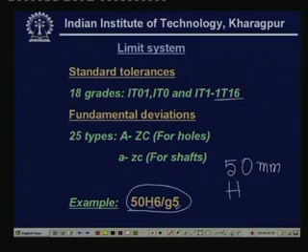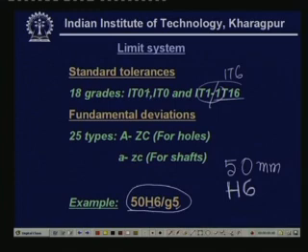H is the hole basis system, where the limit system using H means you do not have any lower deviation; the fundamental deviation is 0 for the hole. As it is the hole basis, it is written first, and 6 shows that you are using an IT6 grade.